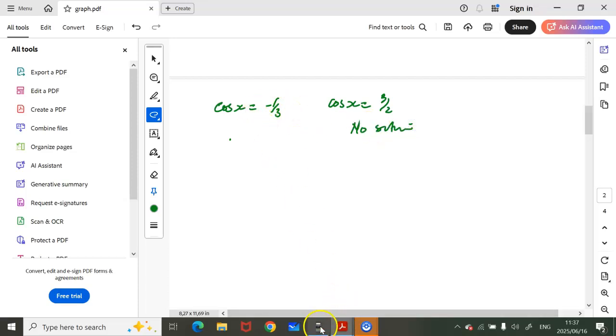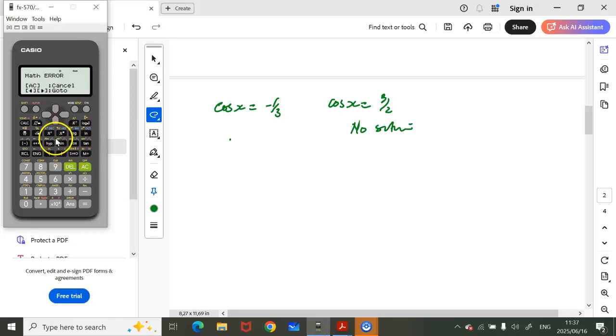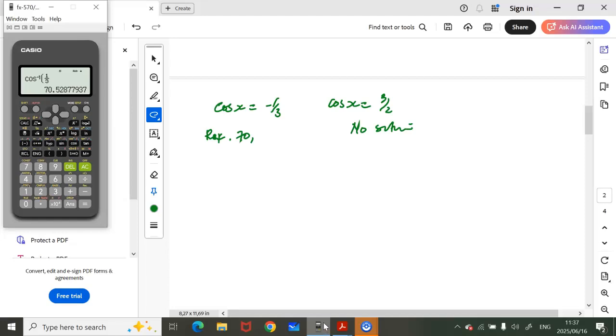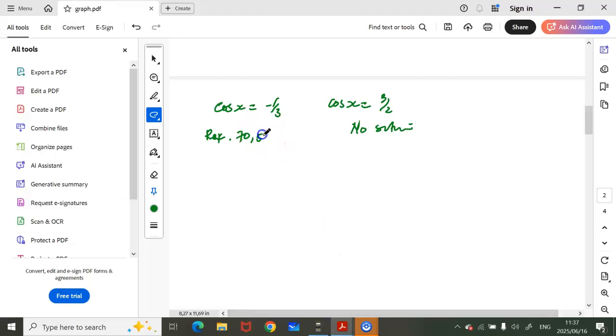Let's do this one and see. Shift cos minus 1 over 3. What is the answer? Our reference angle is 70,53. This is our reference angle. Now, in which quadrant is cos negative?